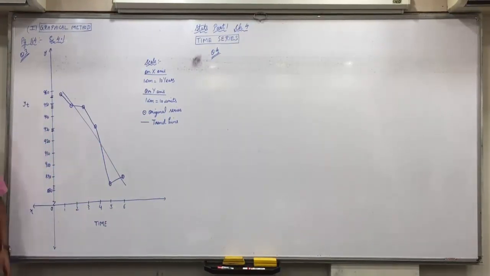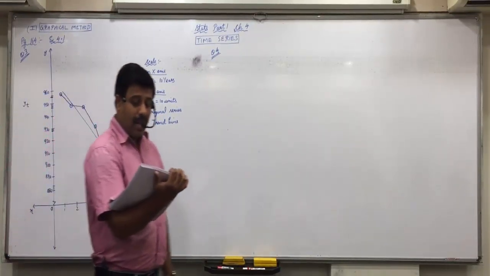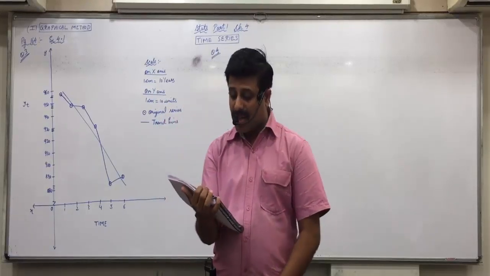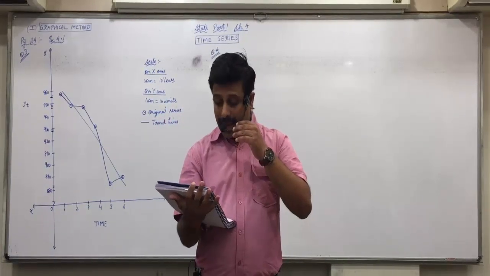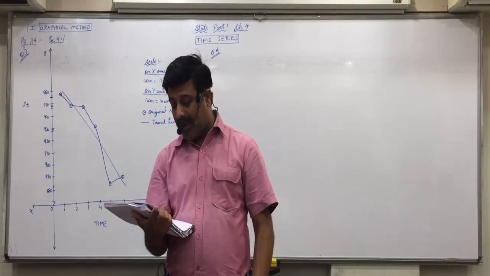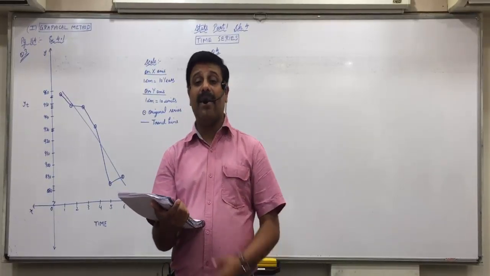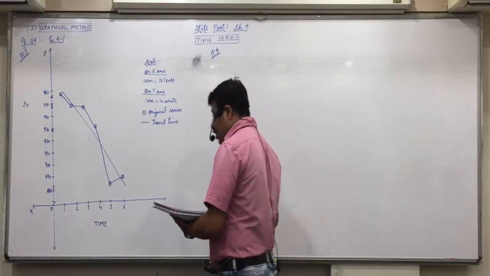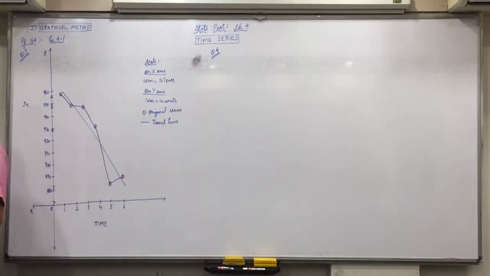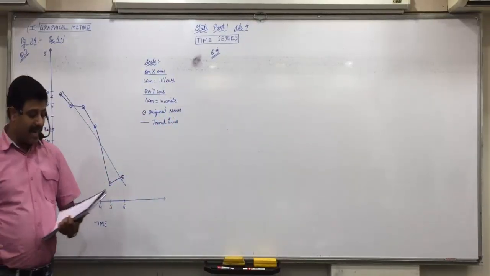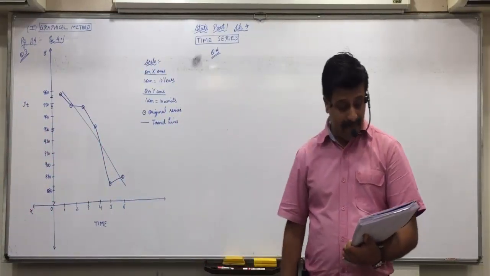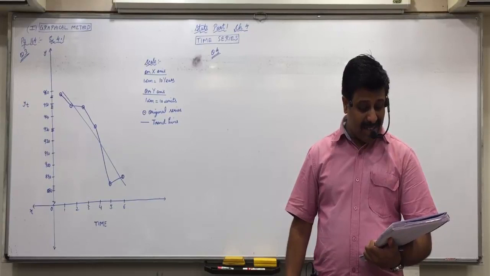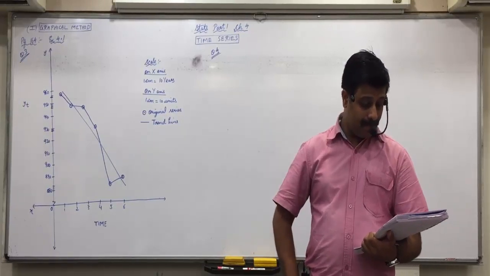The data about the closing prices of shares of a company for 10 days are given in the following table. Obtain the trend using the graphical method. Days are given from 1 to 10, so on the x-axis we will plot from 1 to 10. And the price of share, what is the minimum? 297.